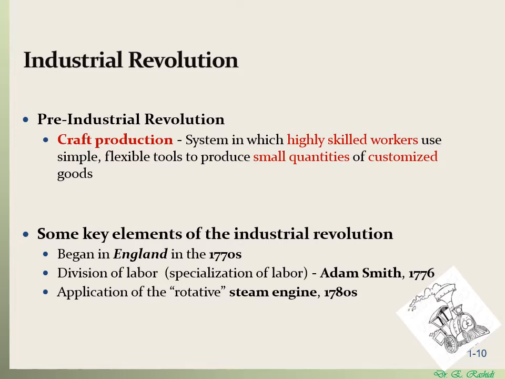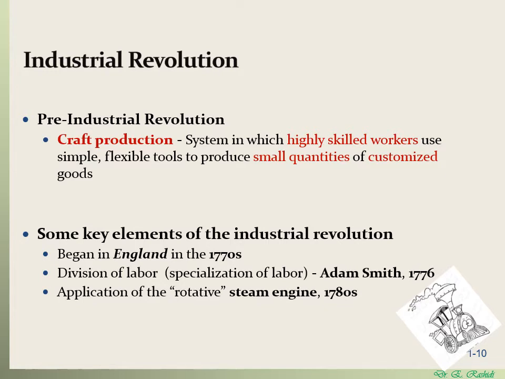Pre-Industrial Revolution, the organizations and shops were small systems with highly skilled workers who could do any of the jobs and tasks. They would work on any parts, and they usually used simple, flexible tools to produce small quantities of customized goods. This was called craft production. And the Industrial Revolution changed that.